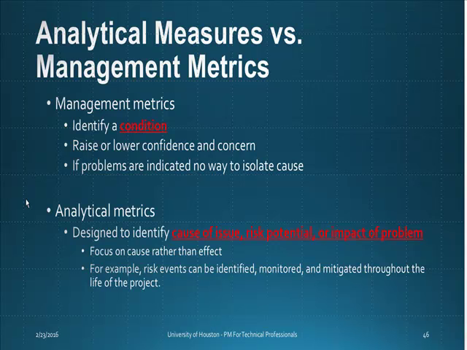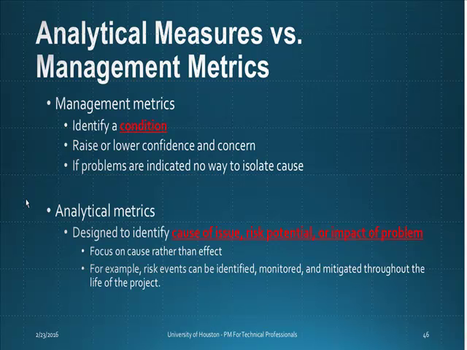The management metrics is trying to identify a condition. All right, so it will either raise or lower the confidence and concern. And if problems are indicated, there's no way to isolate the cause. It's just trying to identify a condition or a problem or an issue. It's not saying that we are going to come up with a solution right away, but that will be the following steps.